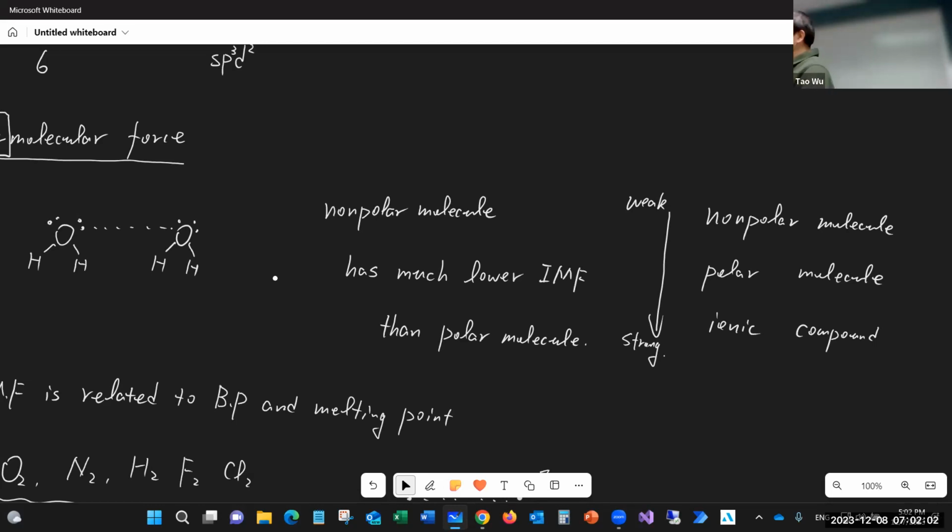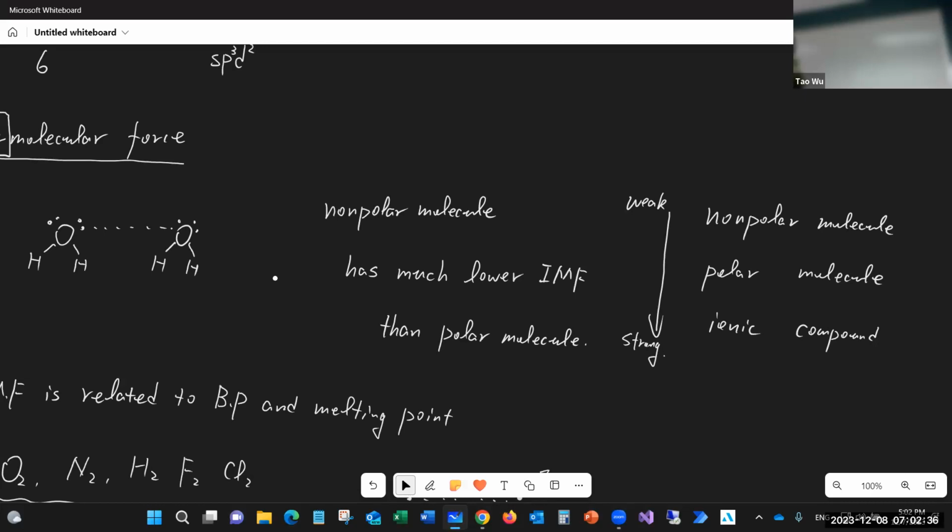And the intermolecular force is not just that. A lot of our lifetime experience is actually about intermolecular force. One example is the capillary. If you do nursing, there's something called a capillary tube, which means a very small tube.